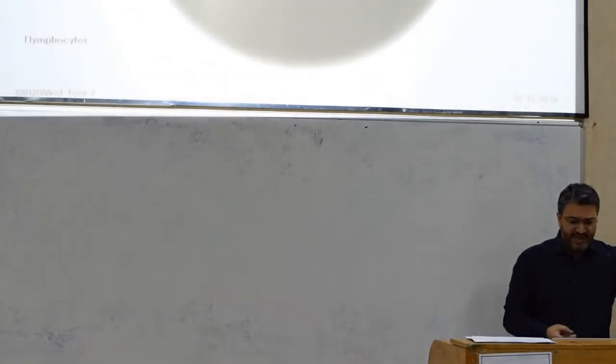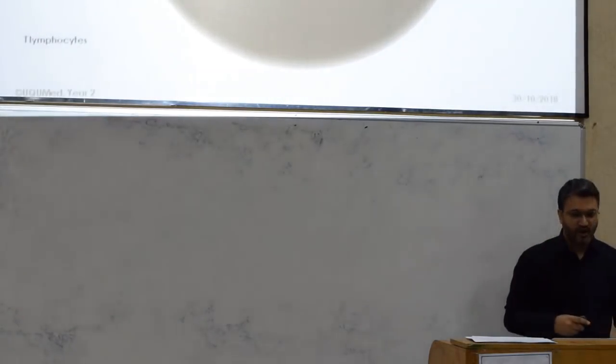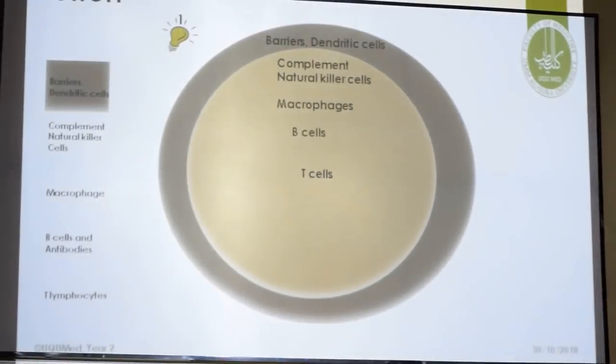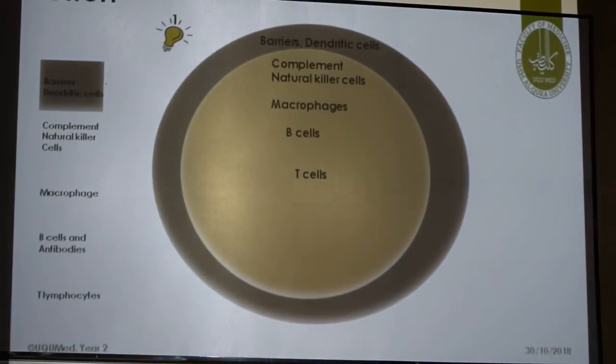Barriers are a very important part of the innate immune system. Now, what I mean by collaborative and how they are arranged, I'm trying to explain from this particular slide. For example, this gray circle is the whole domain of barriers and dendritic cells. The next circle represents complement and natural killer cells.